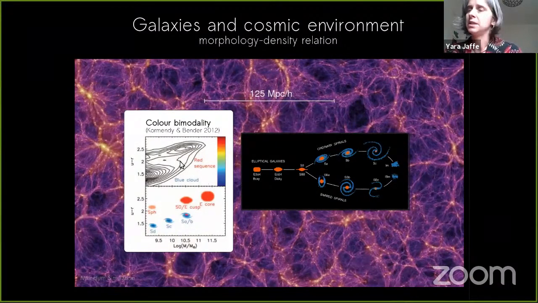Below this red sequence, you find all these star-forming spirals and irregulars in the blue cloud, and not so many galaxies in this transitioning zone, which implies that there is a mechanism that is transforming galaxies from the blue cloud into the red sequence. And it's probably relatively quick because we don't have that many galaxies in this transition zone.